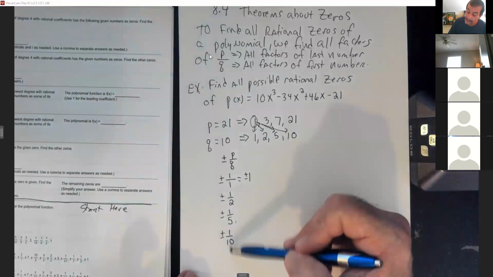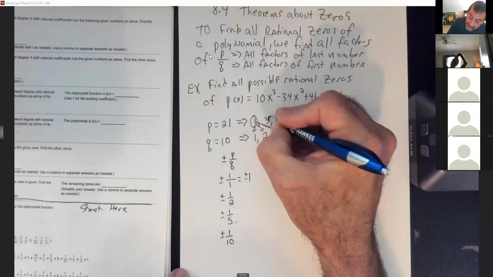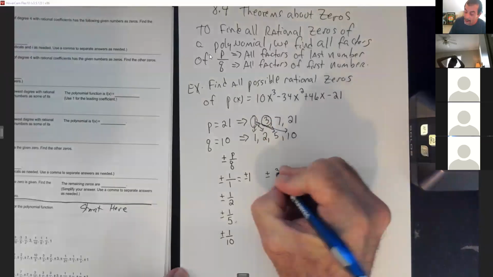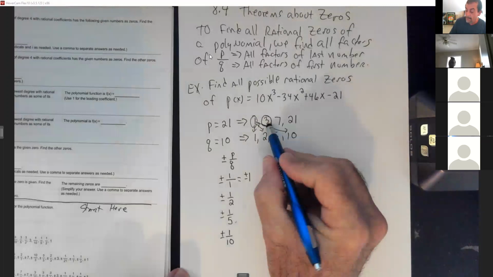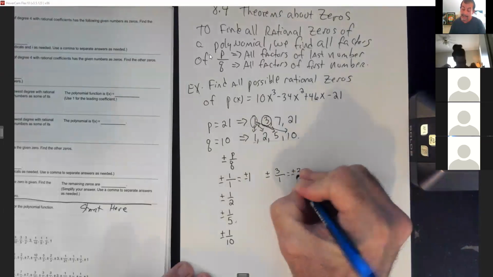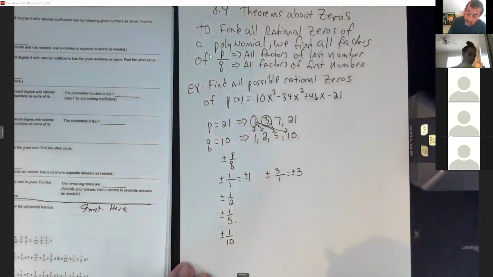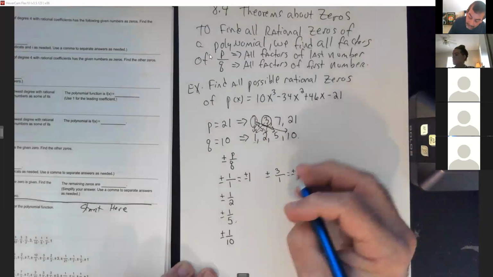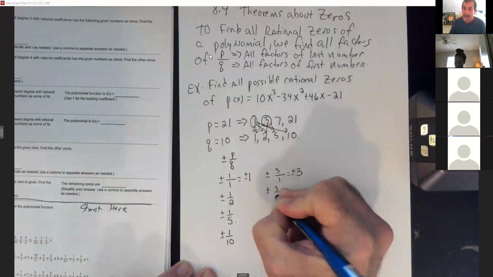So now I got to do the same thing with the 3. So I'm going to take plus or minus 3 and divide that 3 by all 4 numbers. Well, when I divide by 1, I get plus or minus 3 because I can simplify that. So that's with the 1. Now I'll take the 3 and divide by 2. That one doesn't simplify.